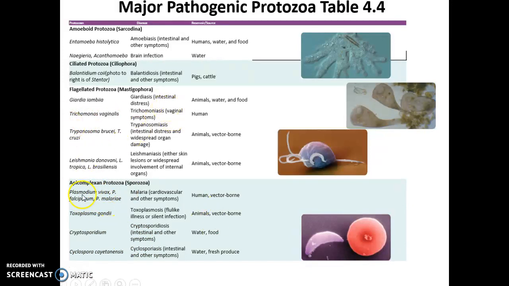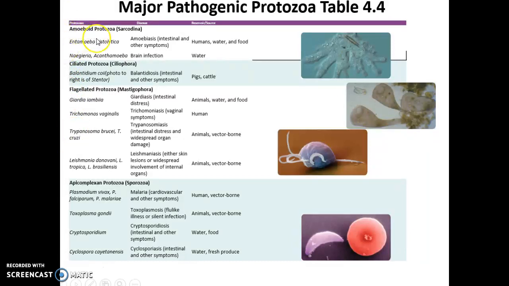The ones down here, the Apicomplexan, don't move very well. They need a vector. They need movement within the blood, so just basic blood flow. But these guys up here are motile. And here are the three different forms of motility, right?